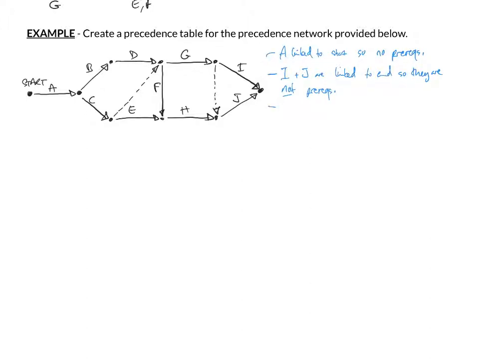What else do we have here? So if we look at J, it requires a dummy link from G and H. So J has prerequisites G and H.